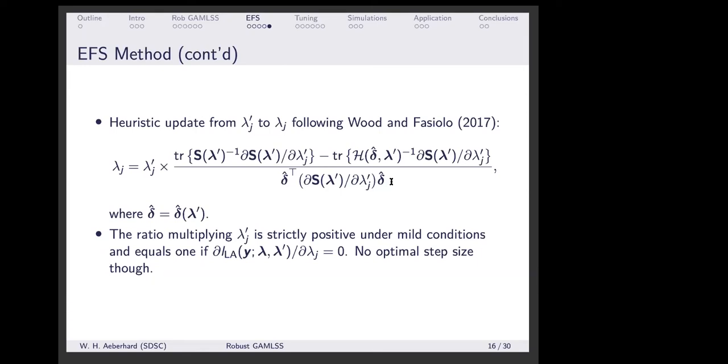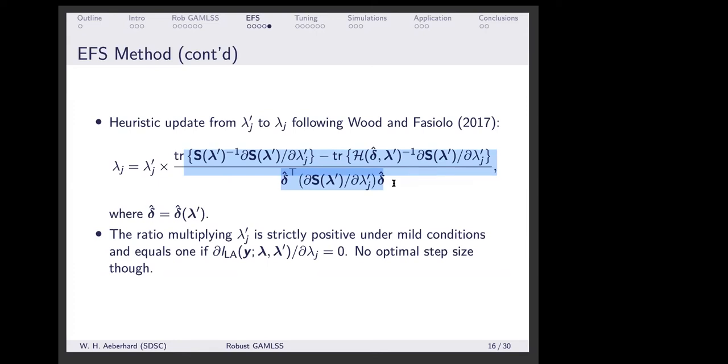And I should say something which is quite nice: pretty much all the quantities you see here in this ratio are quantities that are anyway computed whenever we carry out the optimization for delta for a given value of lambda. So they are already there, to be fair. So it doesn't add a lot of computational overhead to include this update of lambda if you think of an alternating scheme, updating delta given lambda, updating lambda given delta.